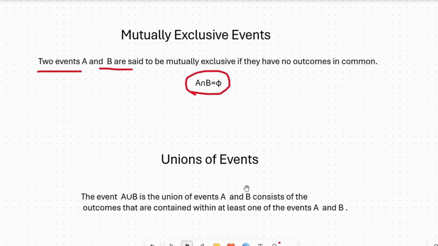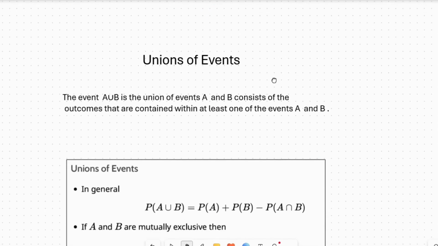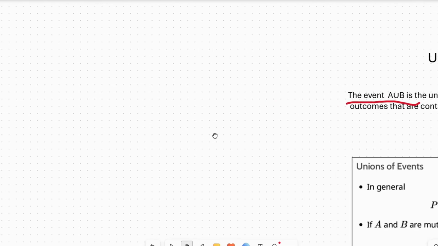Let's go to another one, which is union of events. The event A union B consists of outcomes that are contained within at least one of the events A and B. So let's find out what a union event is.